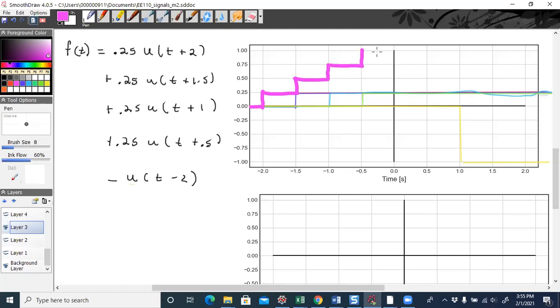So we've staircased it, and then nothing happens until 1 second when it all cancels out. Professor, it should be 2 seconds, right? Did I say 2? I said 2. Thanks.